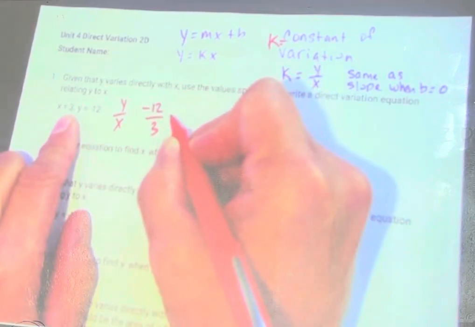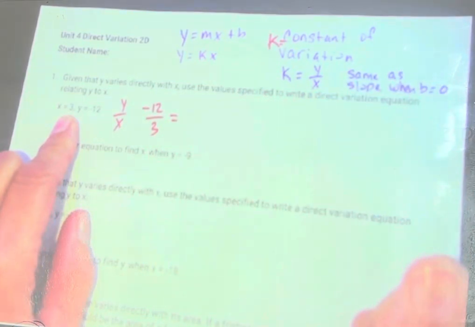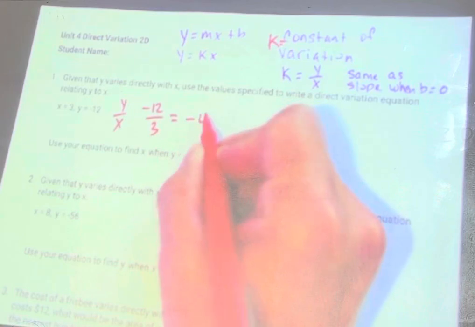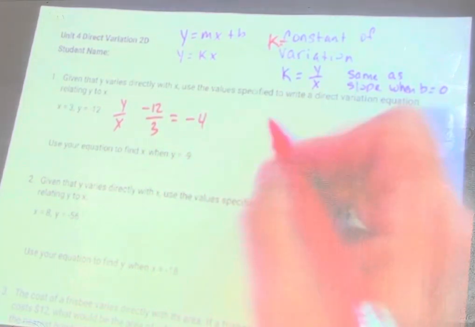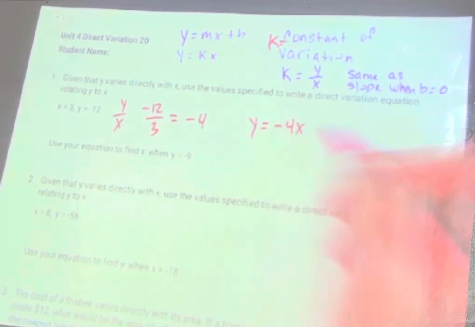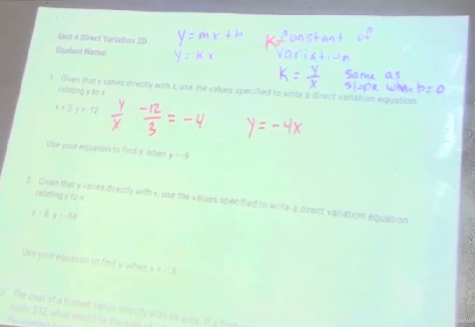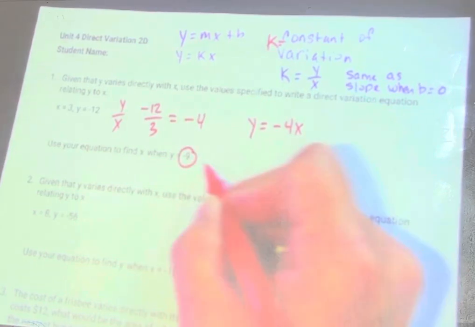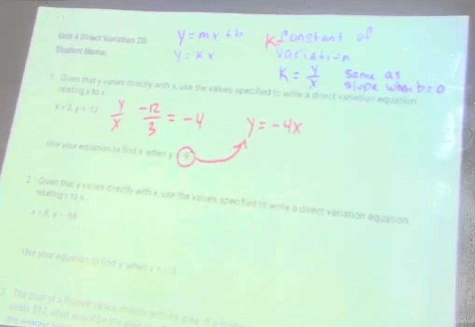What is negative 12 divided by 3? Negative 4. So our equation is going to be y equals negative 4x. Done. So when y equals negative 9, we're going to take that negative 9 and plug it into the equation.